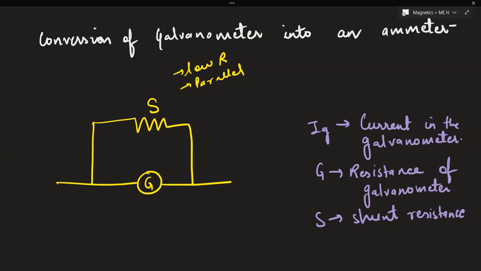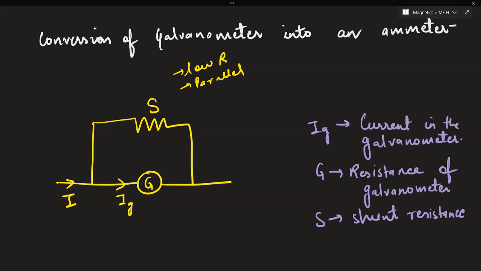Fine. And I is the total current that is coming from the circuit. And as I've mentioned already over here, IG is the current that is passing through the galvanometer. So IG is the current across this galvanometer. G is the resistance of this galvanometer. S is the shunt resistance which is connected in parallel with it.